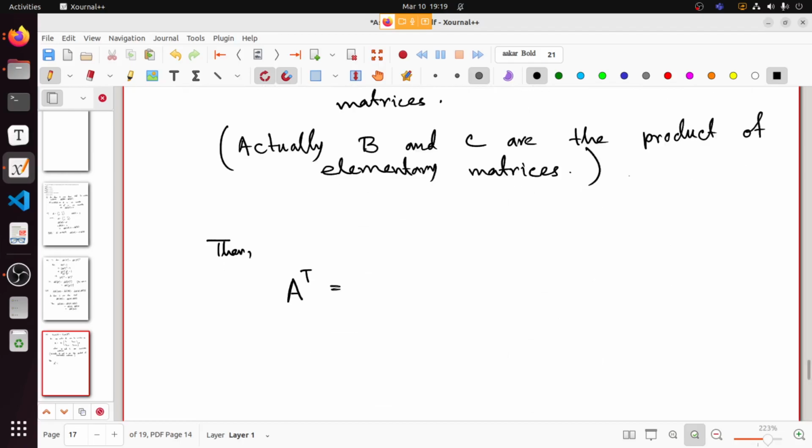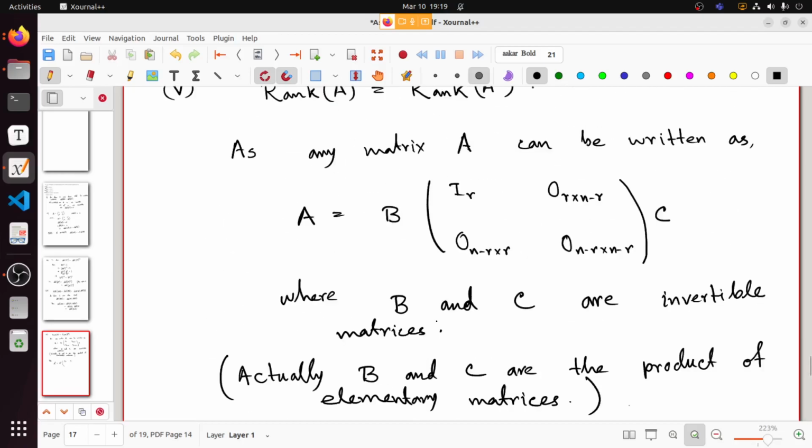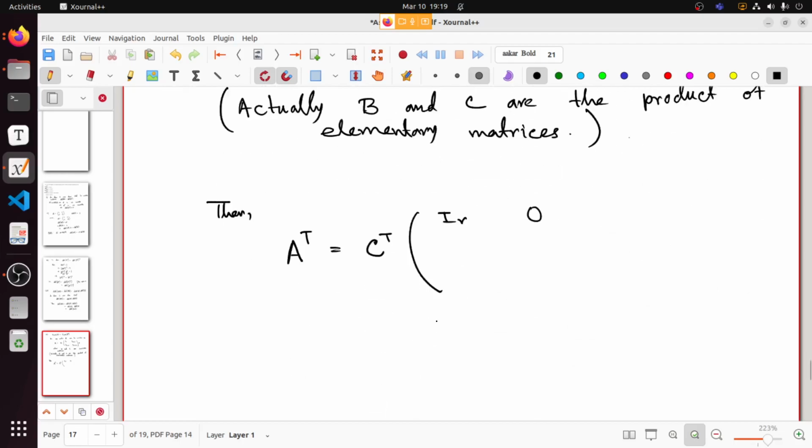So this will become C transpose, then the block matrix with I_R, R cross n minus R zero, n minus R cross R zero, n minus R cross n minus R zero, and then B transpose. Sorry, this is the transpose.